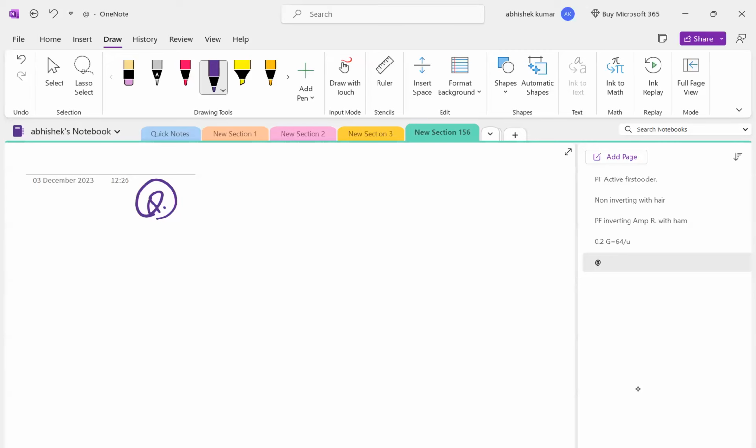Then question number 1: design a low pass filter using a capacitor of 3.3 nanofarad. Before this, the top one is the question, so first we have to read that part.